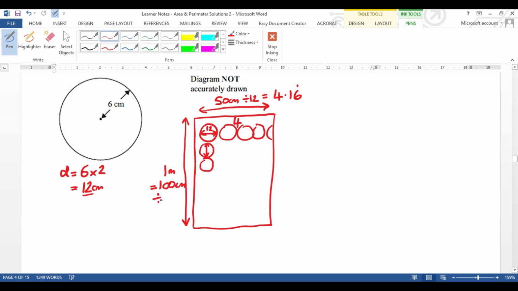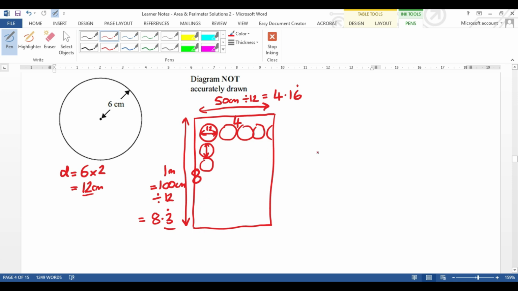So how many 12s go into 100? Let's do that on the calculator. 100 divided by 12 equals 8.3 recurring. So again, 8 and a bit CDs, and again you're going to have to ignore that bit there. So let's call it 8 CDs going this way down.